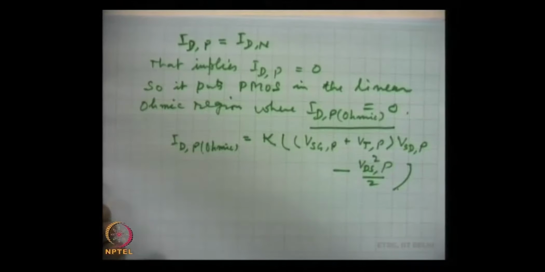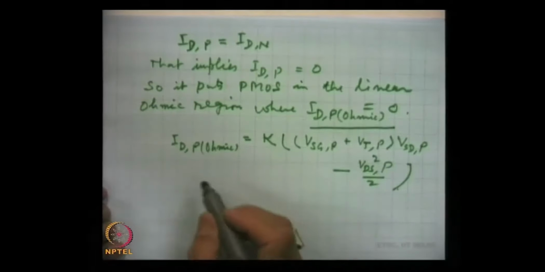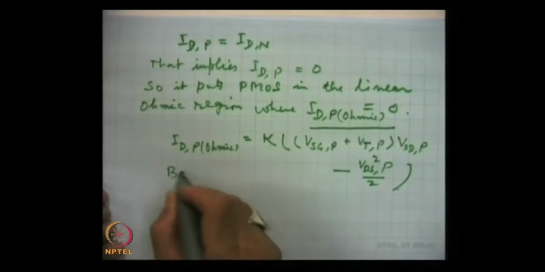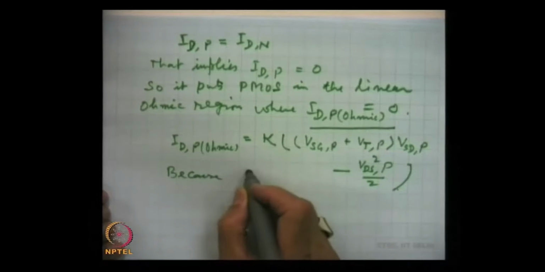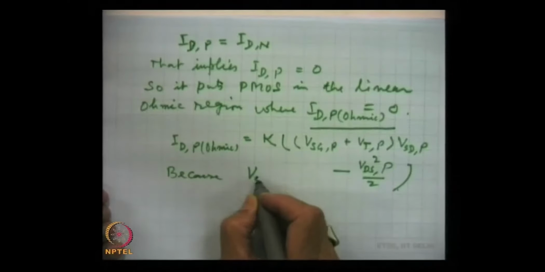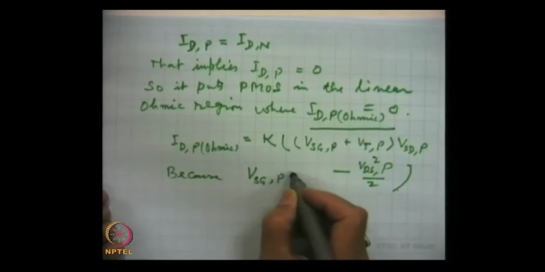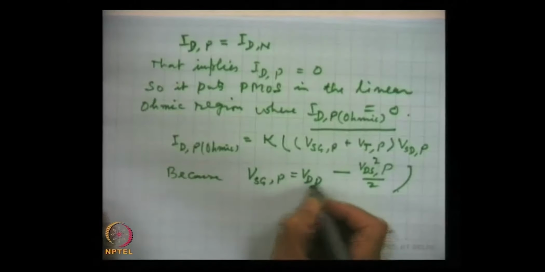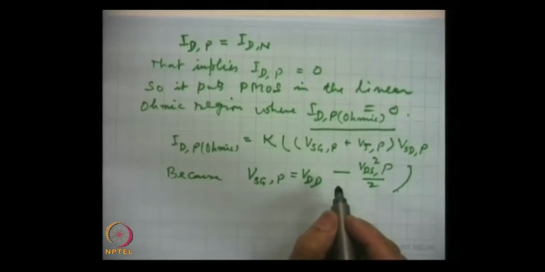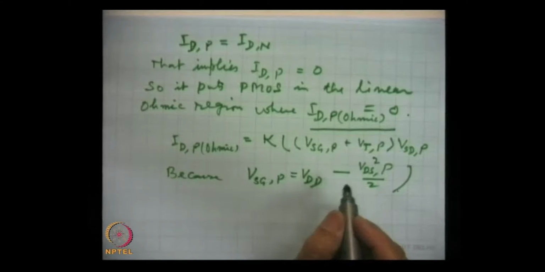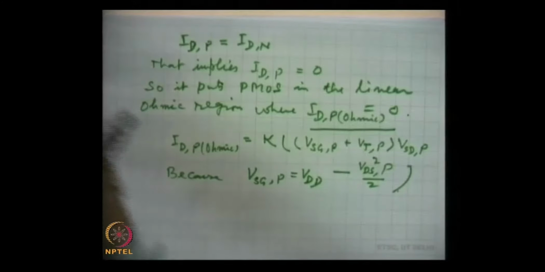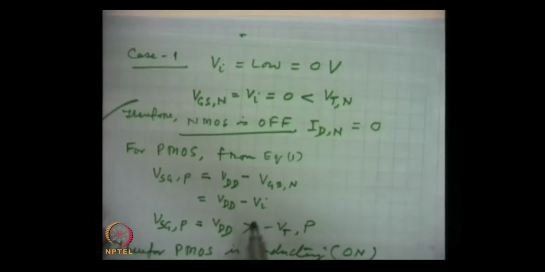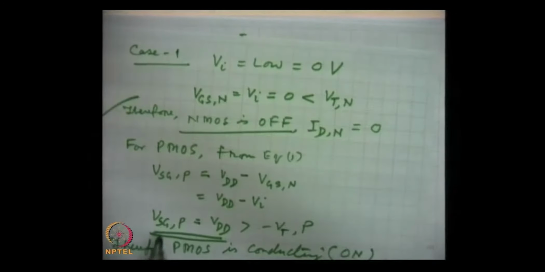This is the equation, and because VSGP is equal to VDD here, as the input was 0, we have written VSGP is equal to VDD.